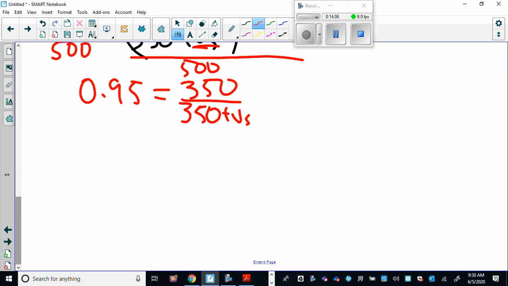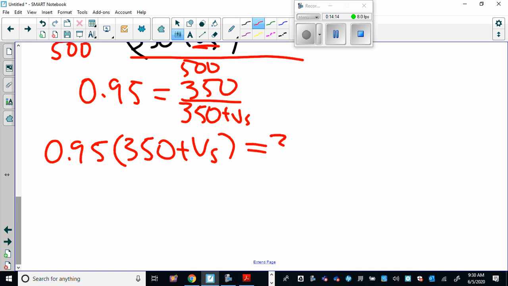Cross multiply. And when you cross multiply, again, you don't have to distribute here. So I've cross multiplied, and I've got rid of all my fractions.